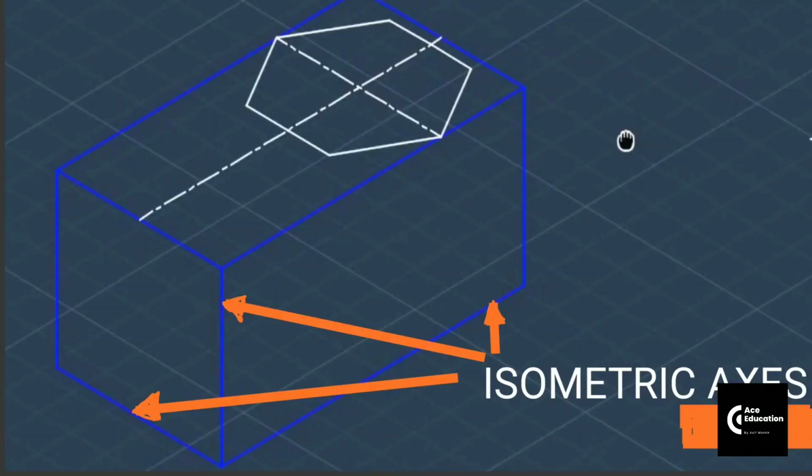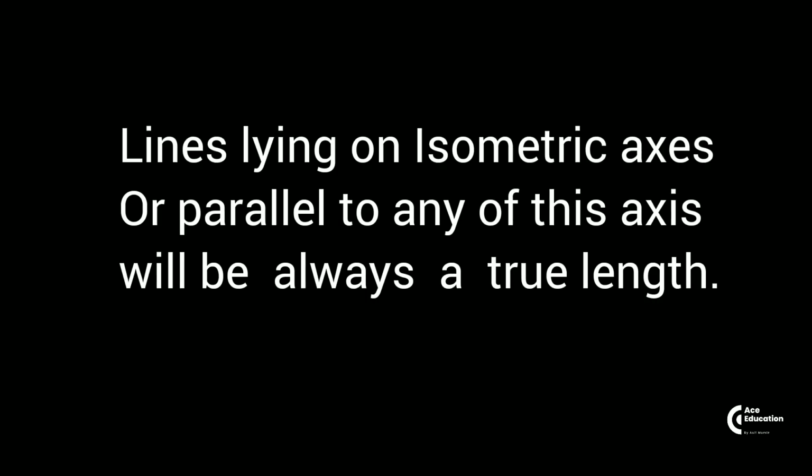So the isometric axis is nothing but the line which originates from the origin point. That may be the horizontal line in front view, horizontal line in side view, or any vertical line present in that diagram. These isometric axes help us in identifying the true length of the line. The lines which are parallel to any of these isometric axes will be the true length. And if a line is not parallel to any of these axes, that will not be the true length.